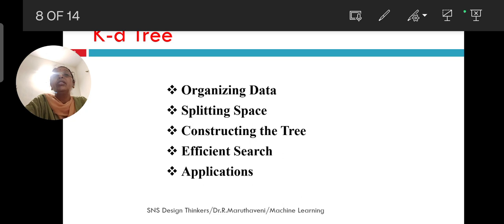KD trees are a clever way of organizing multidimensional data to enable efficient search and retrieval, making them valuable tools in machine learning and data analysis.